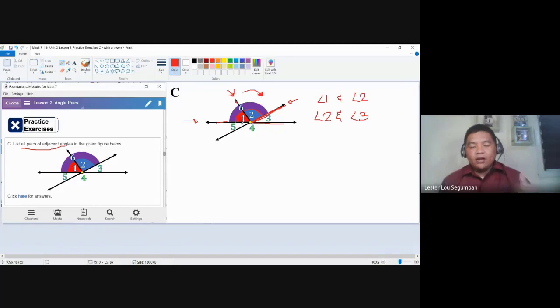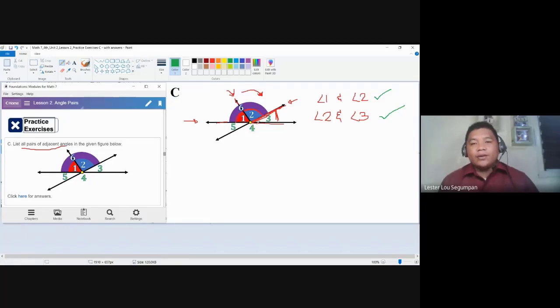How about the third condition? Does one of the two angles contain the other? Is angle 2 part of angle 3? The answer is no. Is angle 3 part of angle 2? The answer is also no. That is why angle 2 and angle 3 are the second pair of adjacent angles.